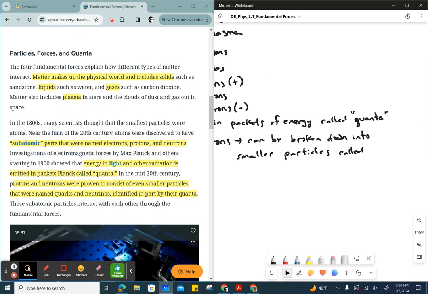These are things that humans name as we discover them. We call them quarks and neutrinos. Okay? And you identify them by their quanta, okay?